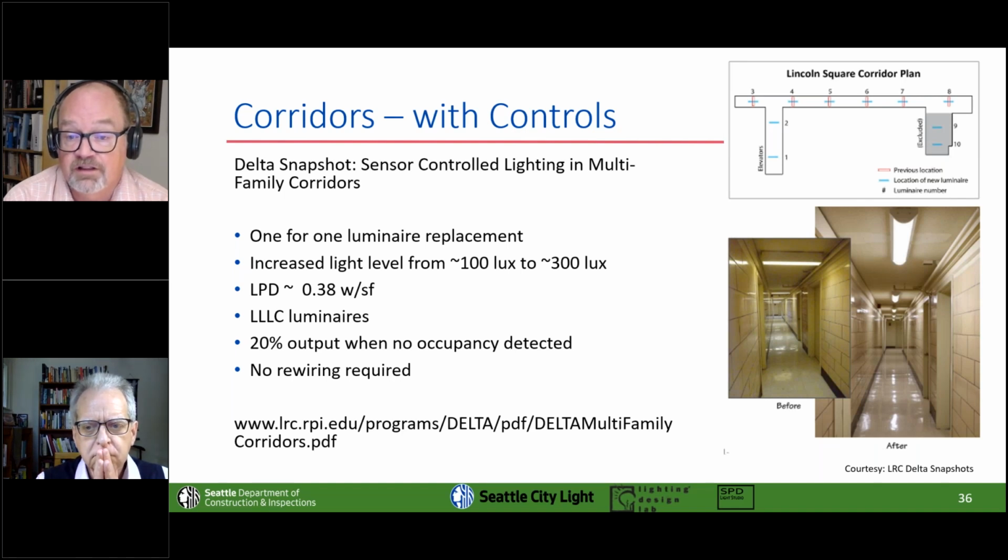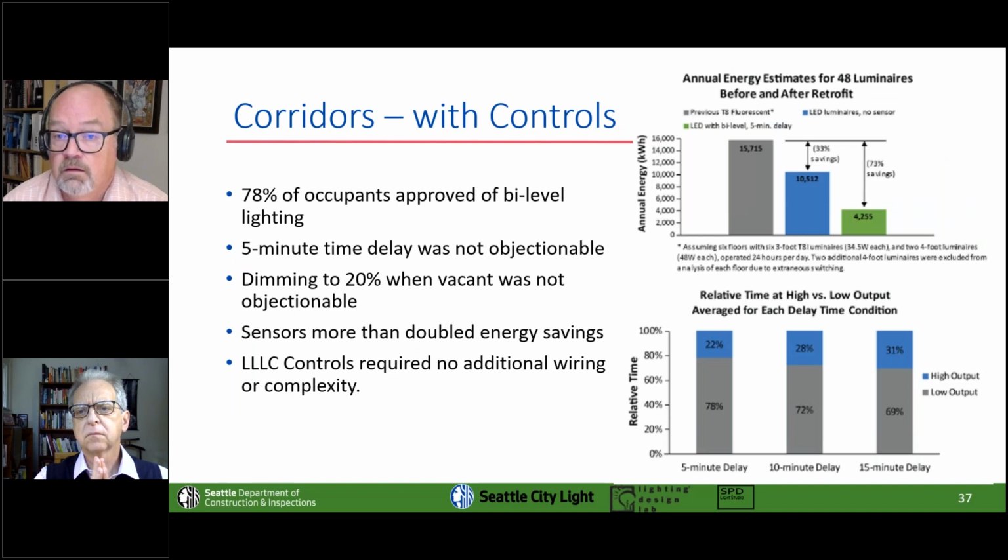They actually increased the light level. In this case, the lighting power density was 0.38 watts per square foot. So this was several years ago, and this would still meet our power density today. Next one. And what they found was that they had fairly outstanding energy results with respect to using the actual luminaire level lighting controls.